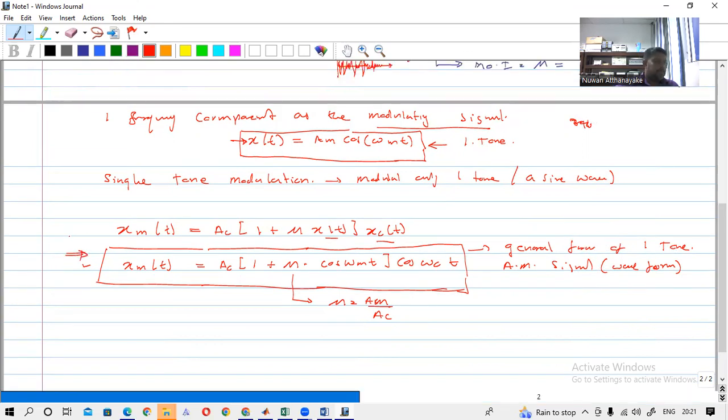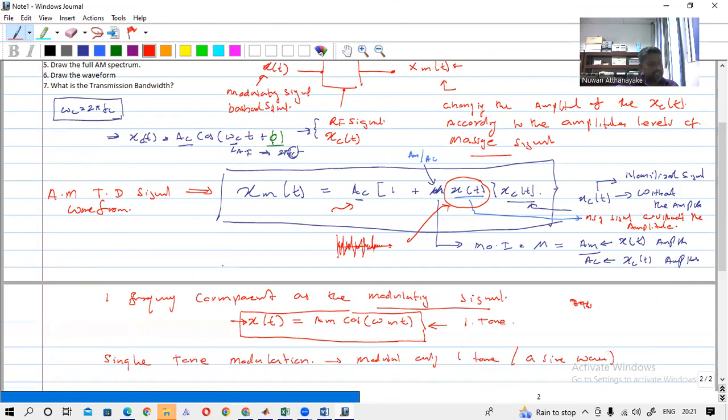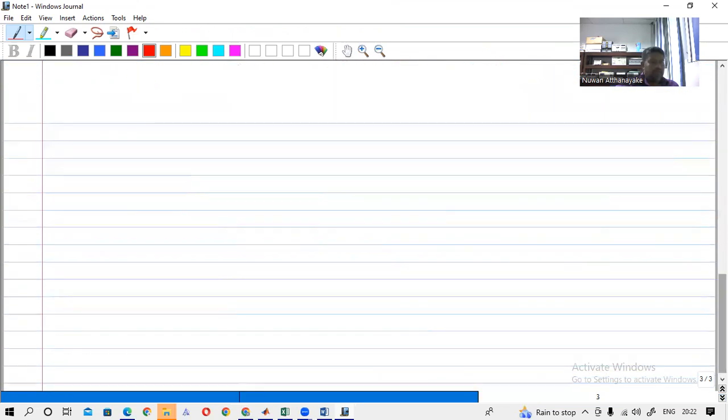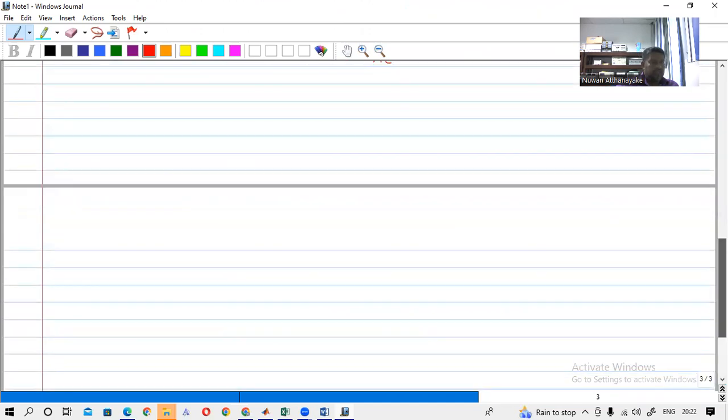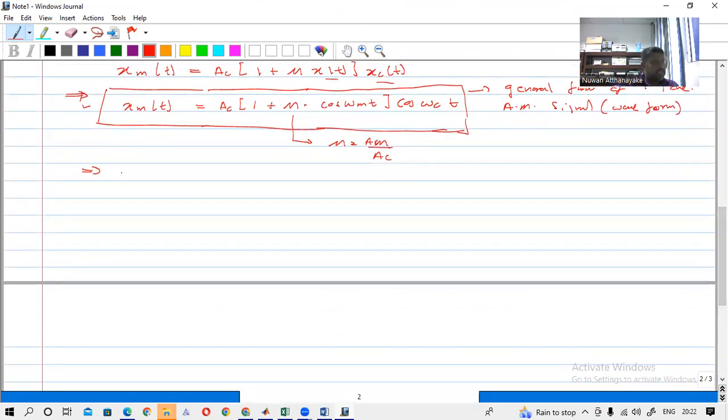Now you have to find the power of the carrier signal. We know that there are some power signals and some energy signals. There is a procedure to find the power of a signal and the energy of a signal.